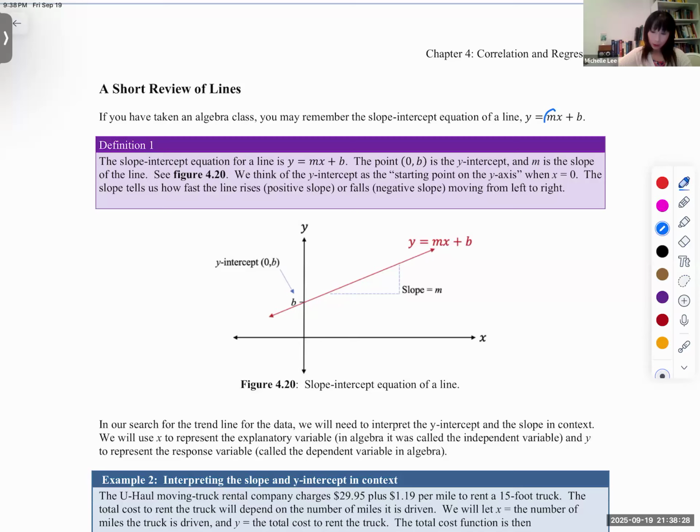We have m equal to the slope, and b is the y-intercept. That's why we call this equation the slope-intercept form, the slope-intercept equation, right?